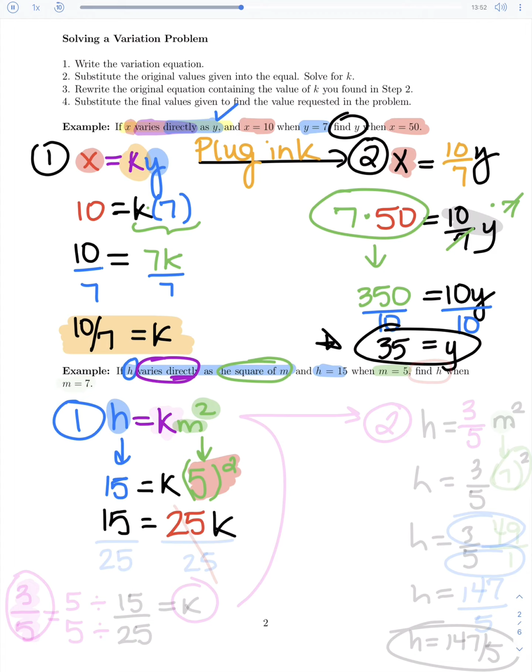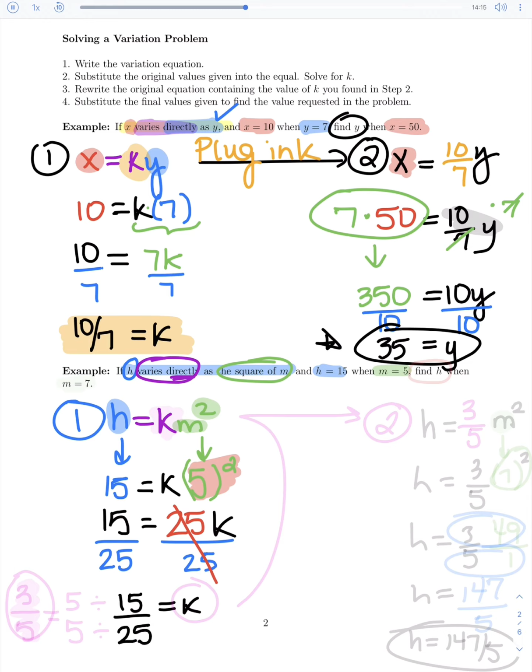So the question is, how do I solve for k? Well, we're going to get rid of the multiplication here by dividing both sides by 25. So what that does is that gets me k equals 15 over 25. Almost.